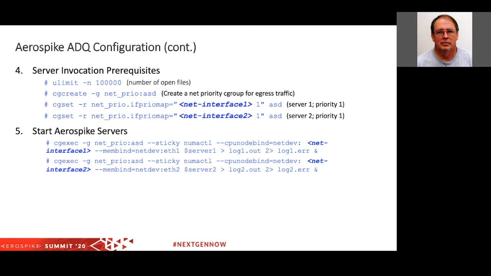Now we are actually ready to launch the Aerospike servers, and you do that with cgexec, so you can put it in that control group. At this point, you are up and running, and if you have hardware comparable to the benchmark results, those are the kinds of numbers you are seeing.